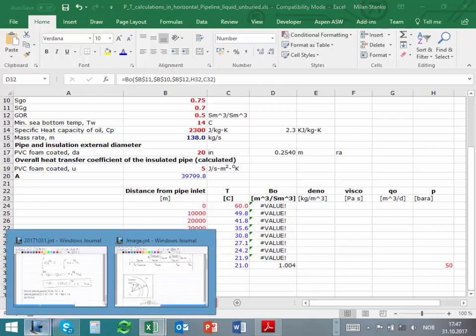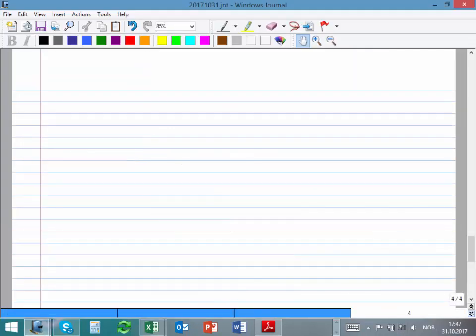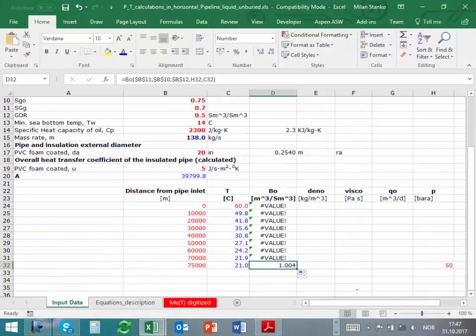If you remember, BO was the ratio between the volume of oil at local conditions divided by the volume of oil at standard conditions. So the rate of oil at local conditions is equal to BO times the Q at standard conditions. So let's do that calculation first.